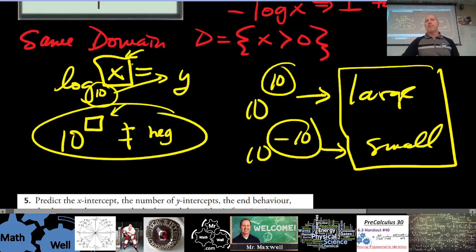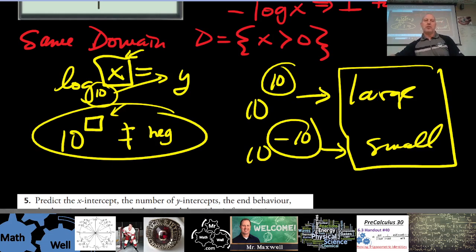Yes? What happens if the base of the log is an odd number? The base can be an odd number, but the base can't be negative either. The base is only going to be positive. So if it's log base 3, negative 3, what would that look like?